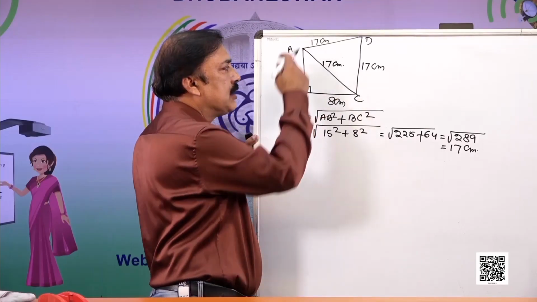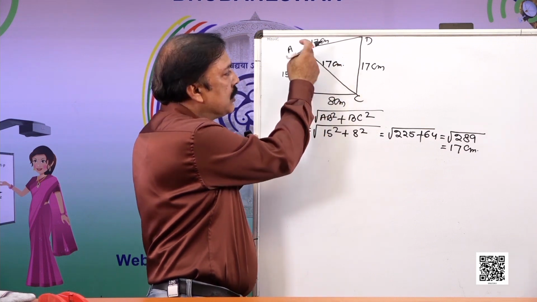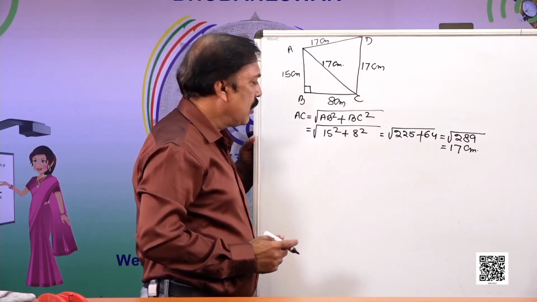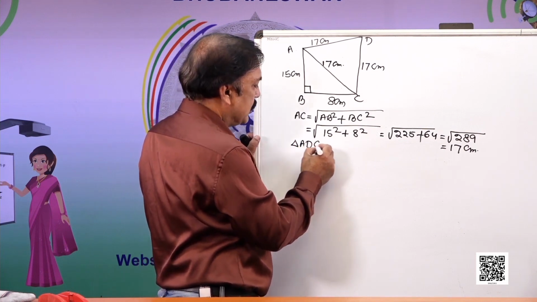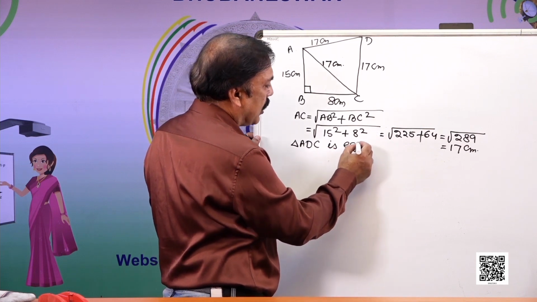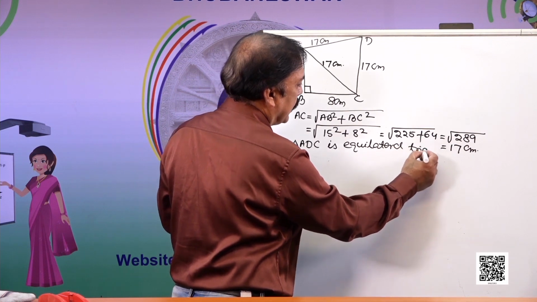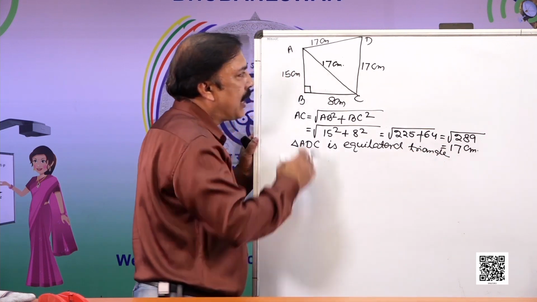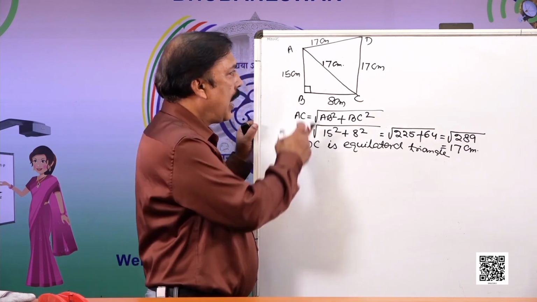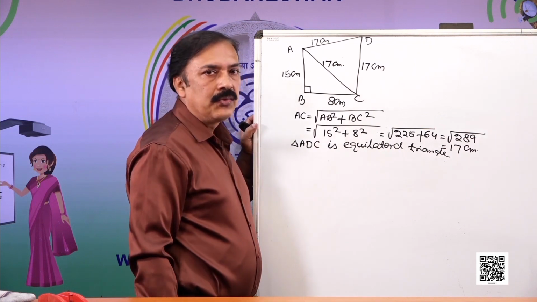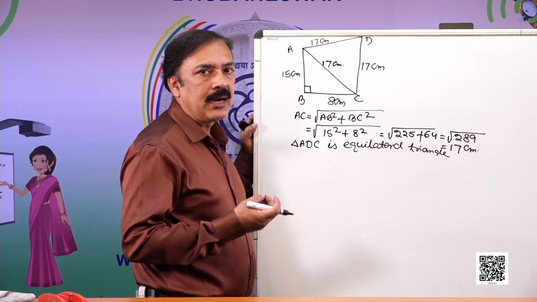Now this quadrilateral is divided into two parts. One is a triangle with each side 17 centimeter. So we can say triangle ADC is an equilateral triangle. As each side is known, we can apply Heron's formula, but as this is an equilateral triangle, we can directly use the formula for the area of an equilateral triangle.